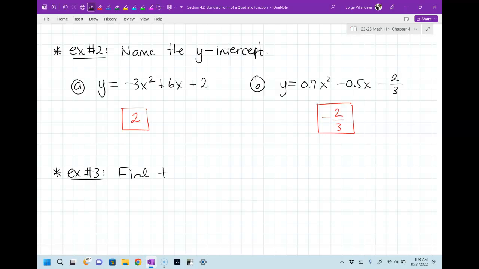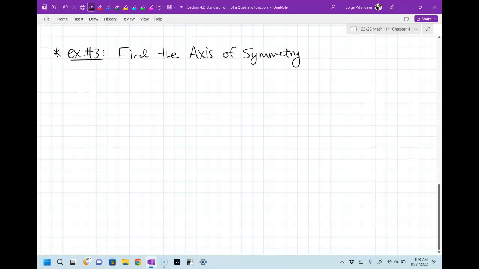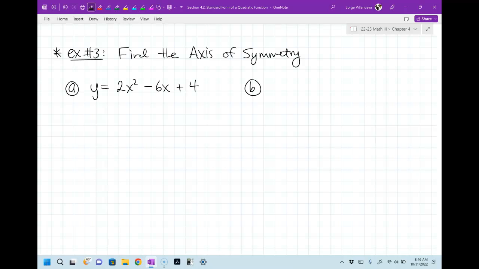Find the axis of symmetry. Okay, so find the axis of symmetry. We'll do 2 of them again.